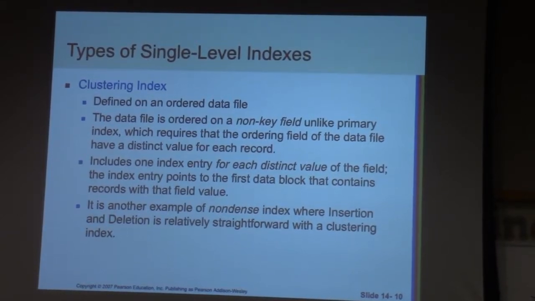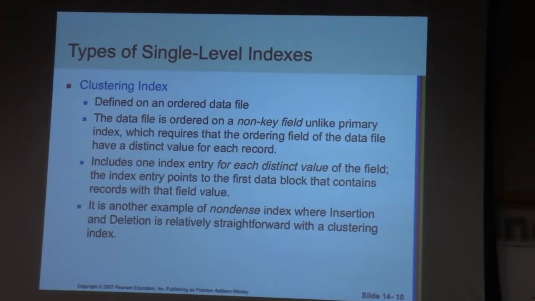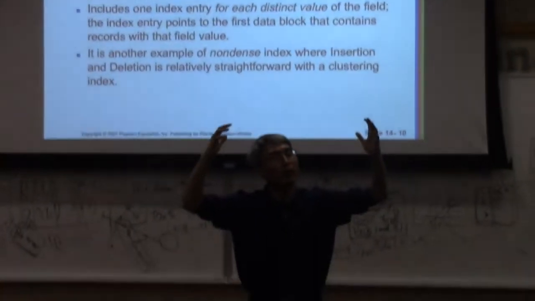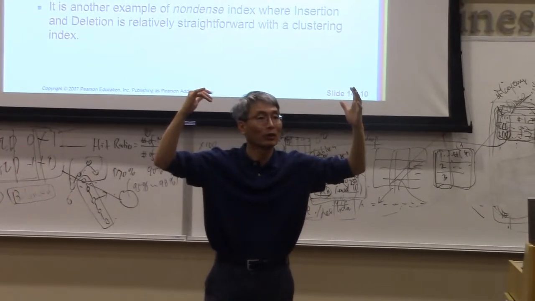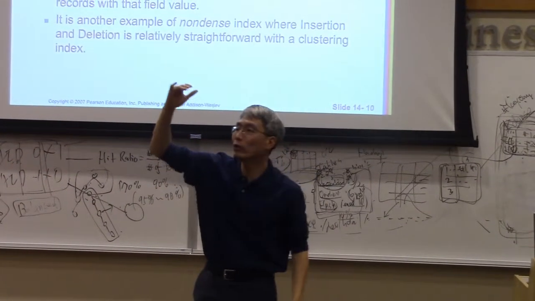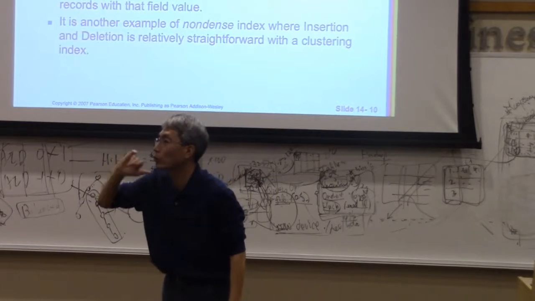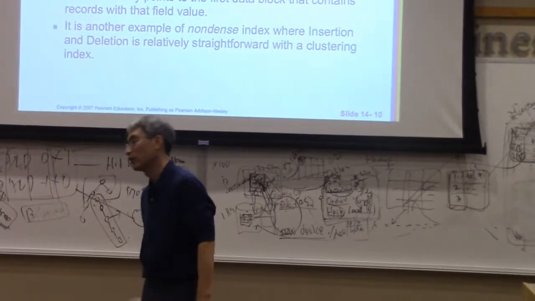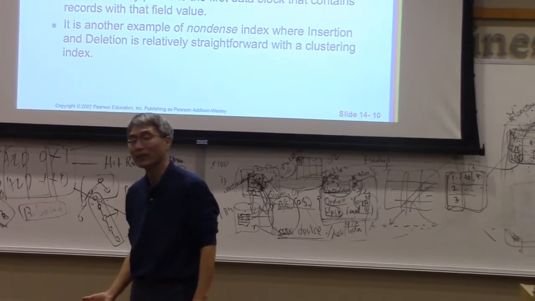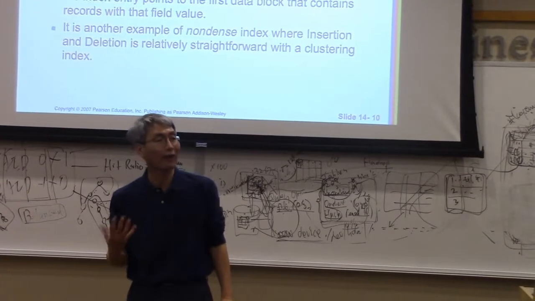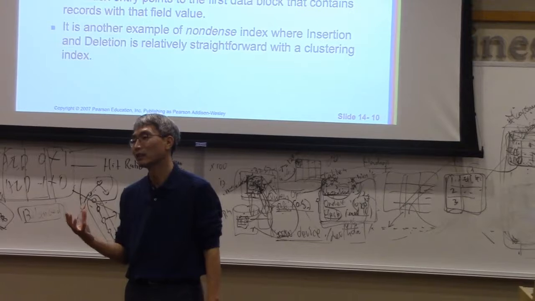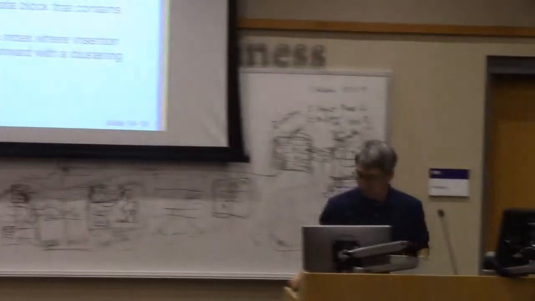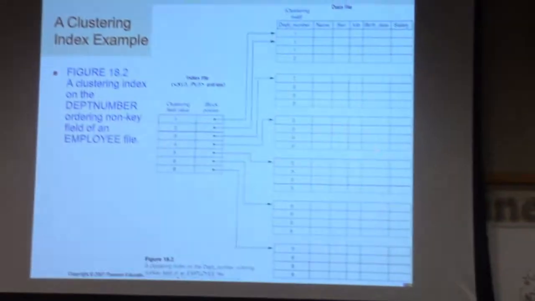For example, in the employee table, if you think about the company database, the employee has the DNO, right? So if you sort the data, order your employee file by DNO, not the primary key, what will it be like?